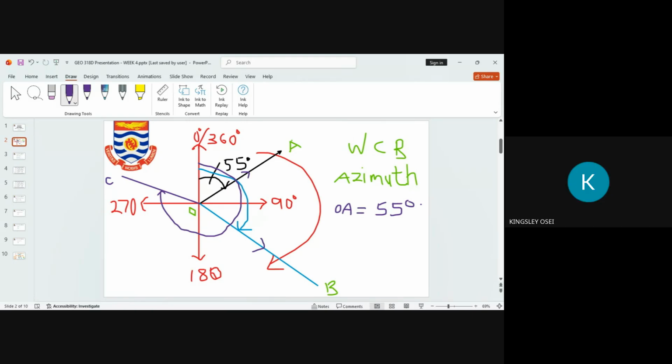Wrong. How many minutes make a degree? Wrong. It's 60. So 60 seconds will turn to 1 minute, and 60 minutes will turn to 1 degree.